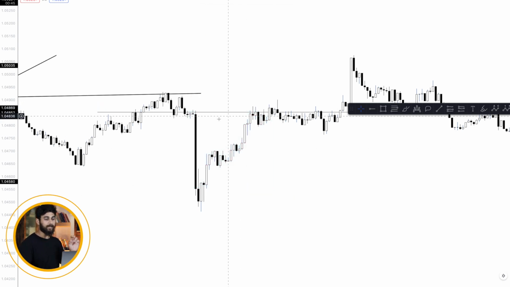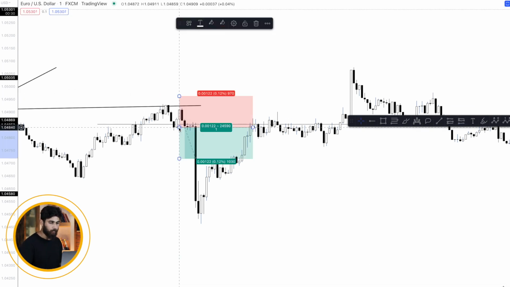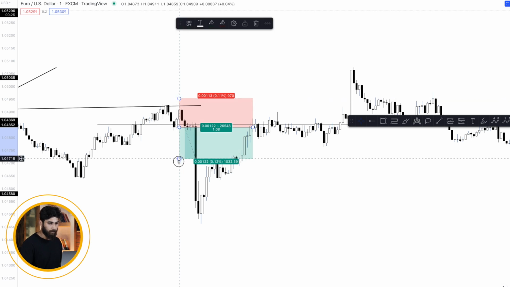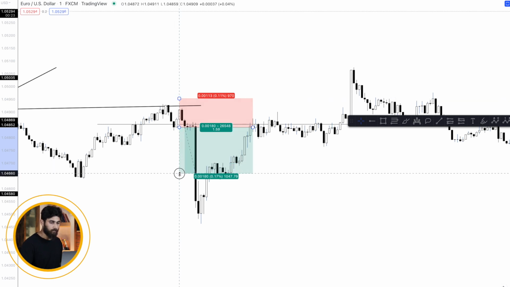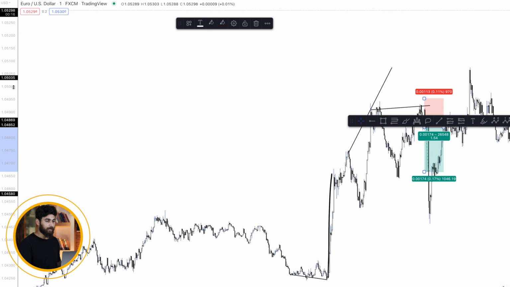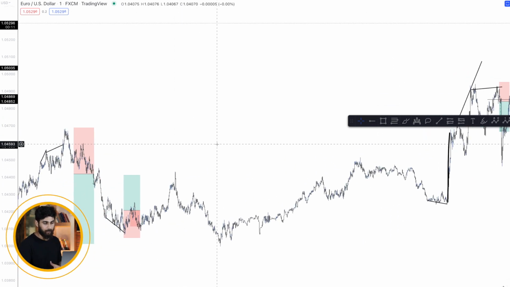So we have to find such areas to enter so that we don't get stopped out. So entry will be at this point, your stop loss will be above this, and then take profit will be such that we get 1.5 risk to reward ratio. In this case, this was over here. So this is how this strategy works, and I have seen that this strategy works very, very effectively.